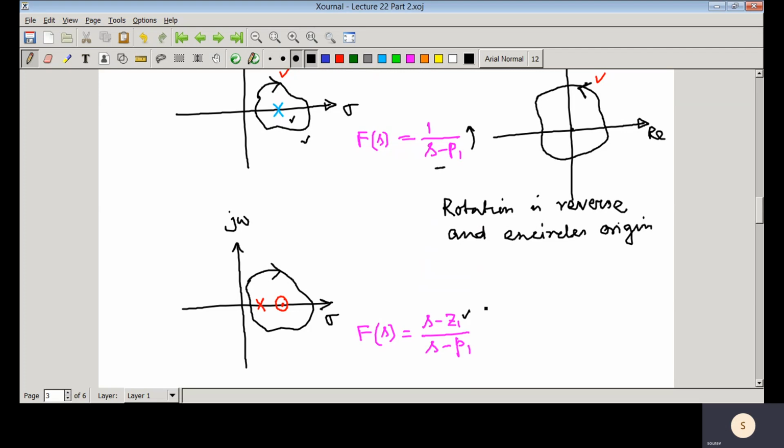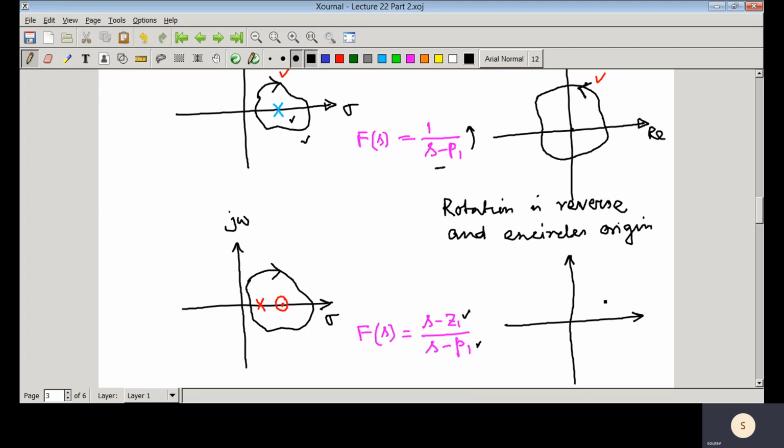One zero contributes 360 and one pole contributes 360, but they are in the numerator and denominator. So basically the total angle contribution would be equal to 0. That means in the F(s) plane there should not be any encirclement of the origin, because the total angle contribution is 0, since one pole is there and one zero is there.